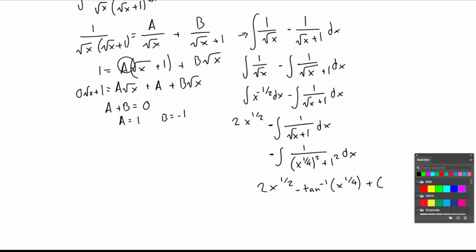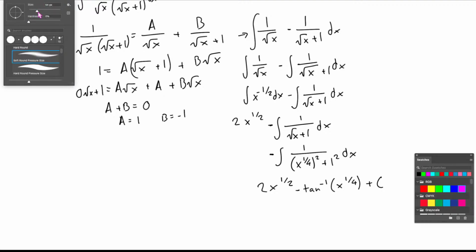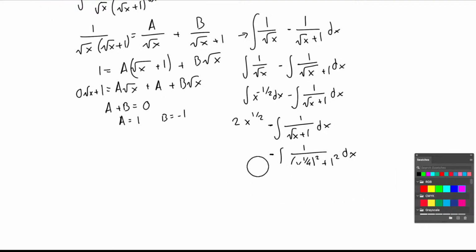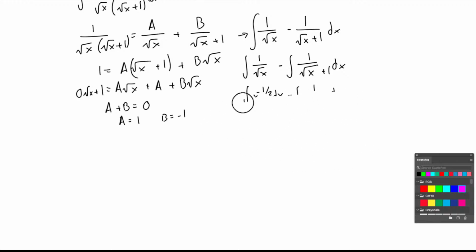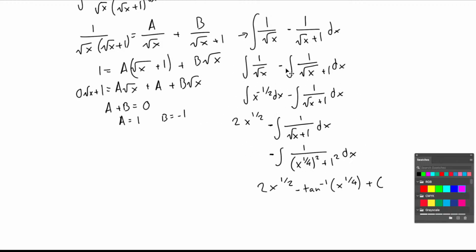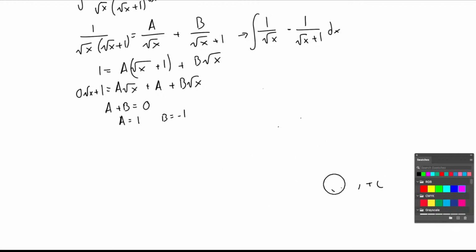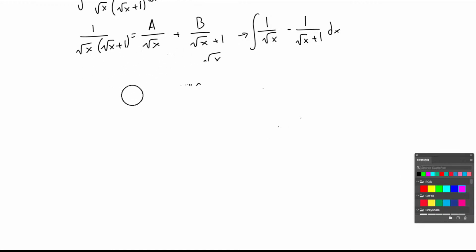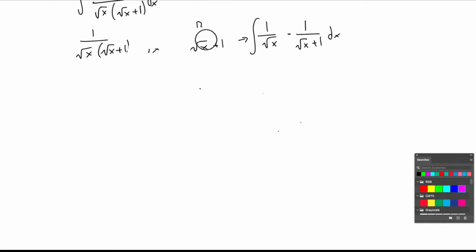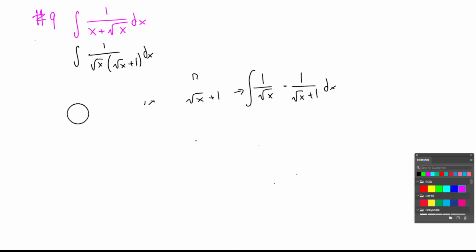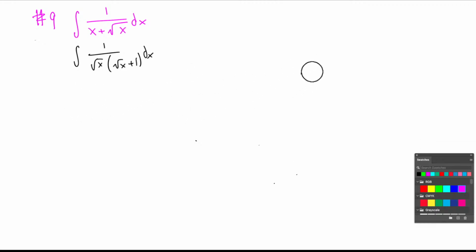Now, while I liked all of this math, I have also realized that mistakes can be made. And ours was a very simple mistake. Instead of splitting everything into partial fractions and doing all this nonsense, all I had to do was set u to equal square root of x plus 1.